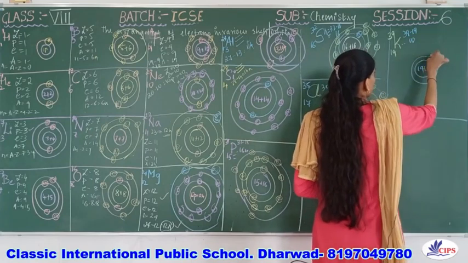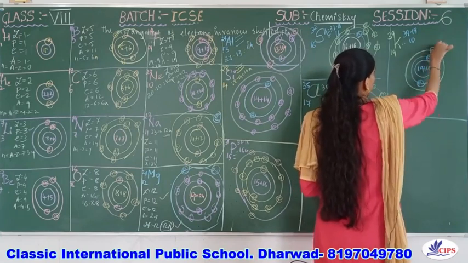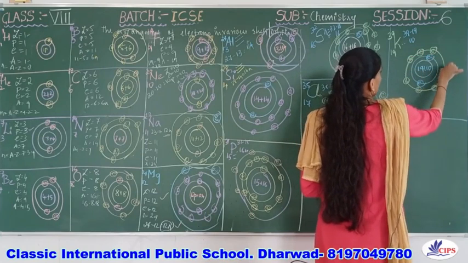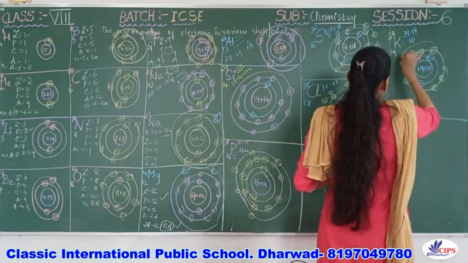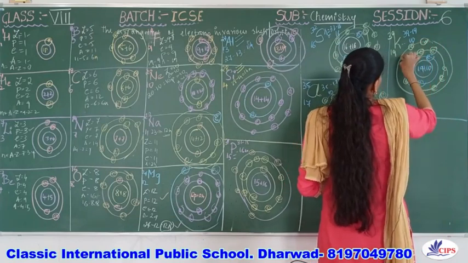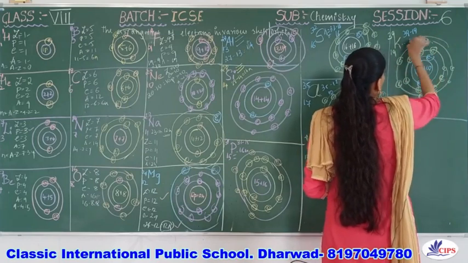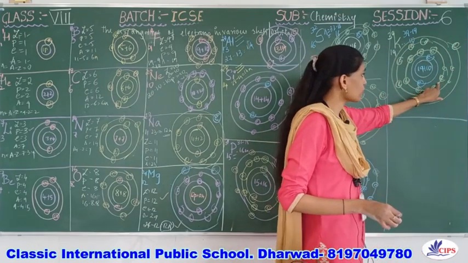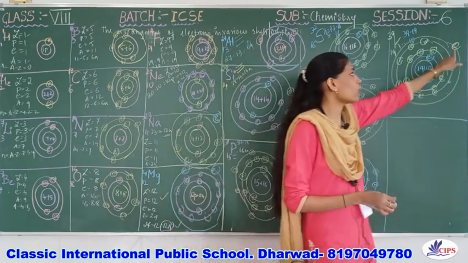Therefore K shell 2, L shell 8, and M shell 8, together 18. And the last shell will have the remaining electron. K is full, L is full, M is full, and next goes the N shell. N shell has 1 electron.